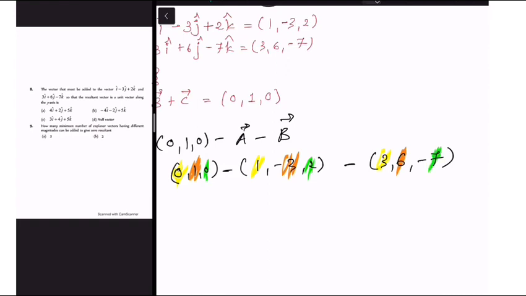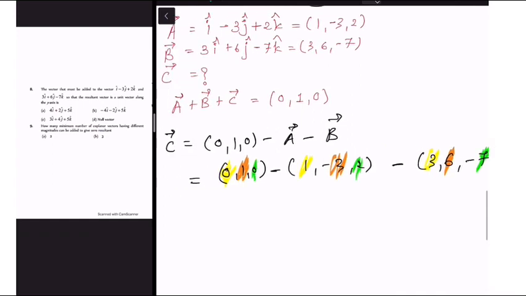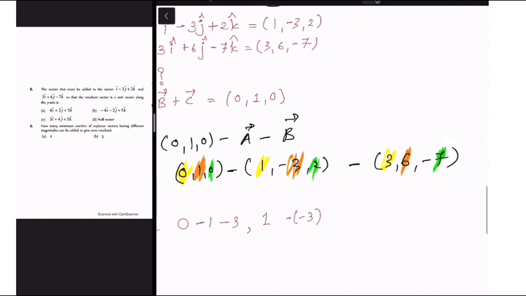So now I can write my answer: 0 minus 1 minus 3, 1 minus minus 3 minus 6, 0 minus 2 minus minus 7.